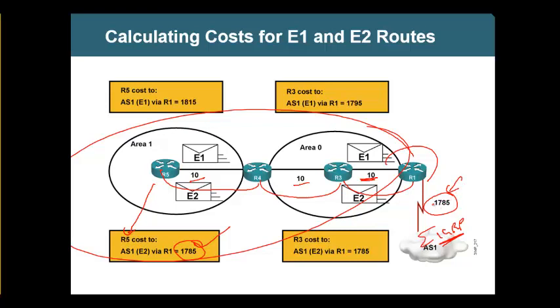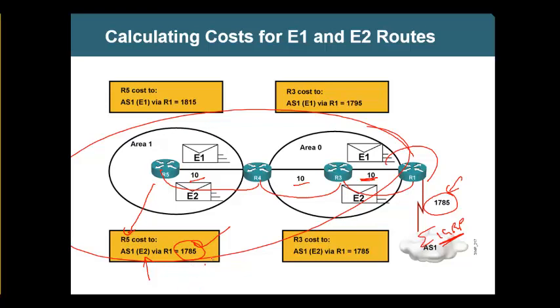What do you understand from this? The path cost is not added. That is what is called E2. For the external network, if you don't add the internal path cost, then it is E2. This is the default.